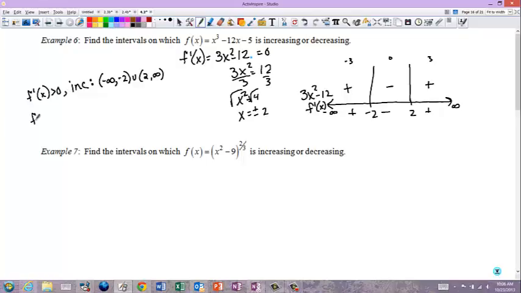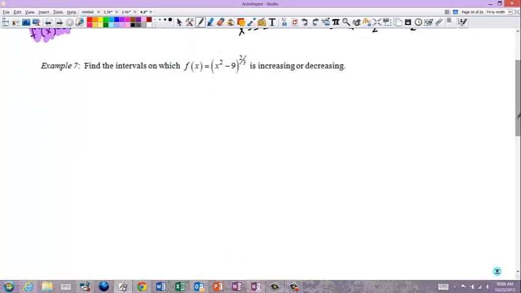Where the derivative is less than 0, it is decreasing, and that is between negative 2 and 2. And your justification is this. You don't just say it. You can't just say it's greater than 0, it's less than 0. You have to say the derivative is greater than 0, the derivative is less than 0.